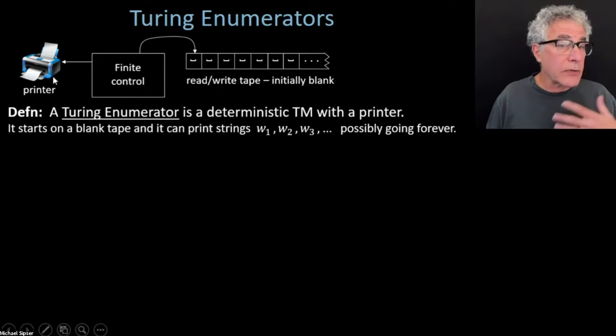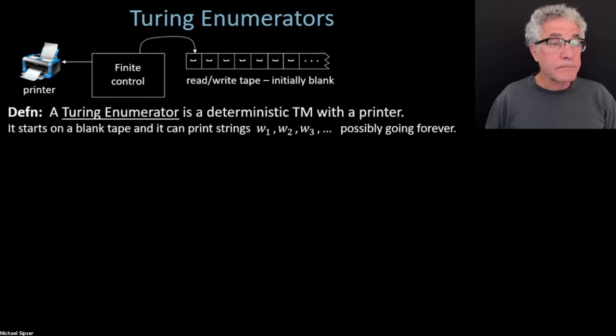And then it can print out other strings in due course. So periodically, you think of this printer as printing out a string under the control of the Turing machine enumerator. And so these strings that it could print out, W1, W2, they appear.